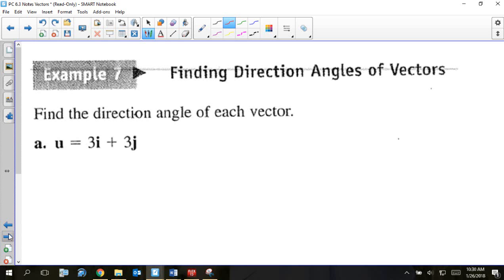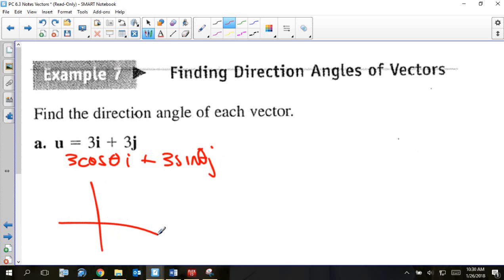I'm going to think about 3 being the cosine, and then 3 sine. That's telling me on my graph, my x is going to go 3, my y is going to go 3, and I'm going to have this vector q right here. We're going to find theta, which is right there.